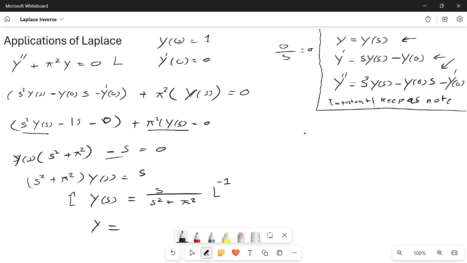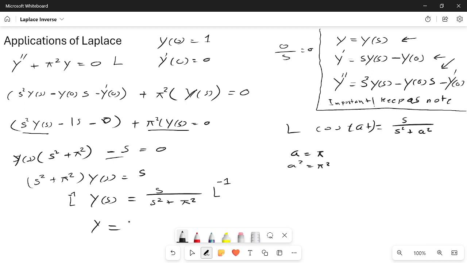If you are familiar with the topic, you'd find that s divided by s squared plus pi squared is very similar to cosine of at, since the Laplace of cosine at is equal to s divided by s squared plus a squared, and we have a equal to pi, so a squared is equal to pi squared.